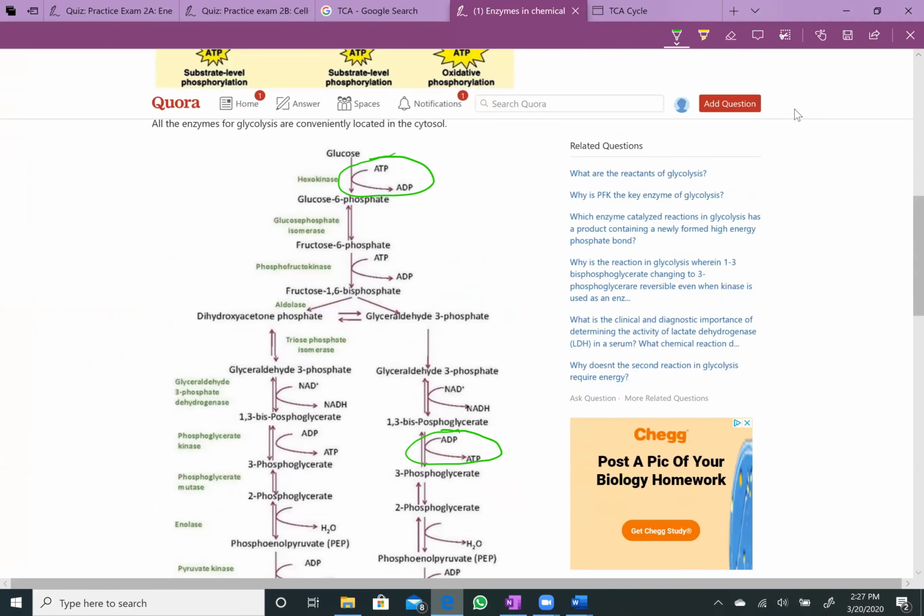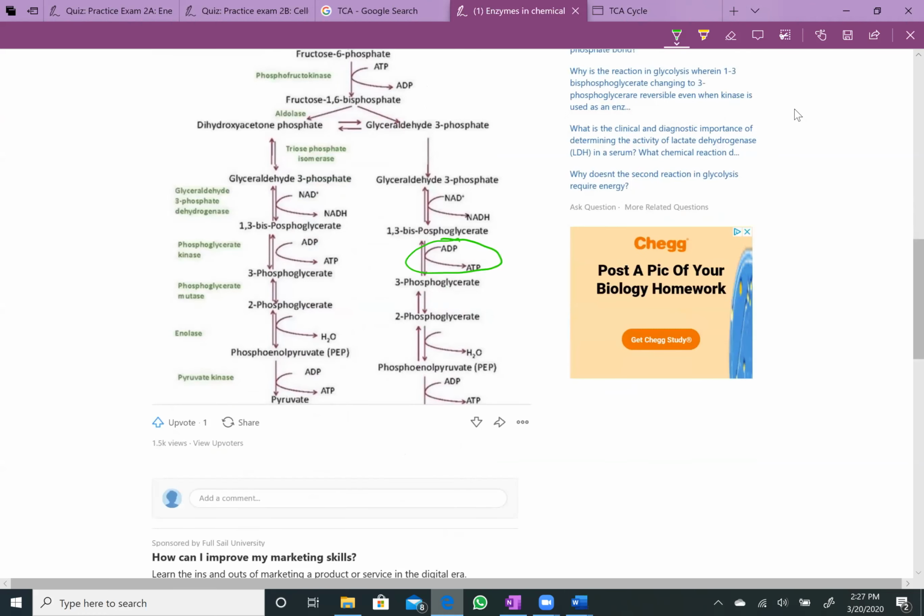Glucose to glucose 6-phosphate, we were making a bond. There's an extra phosphate that goes in here. So ATP was used, one, to put the phosphate on that bond, and two, it was energy put into the system. Over here, we have a big molecule going to a smaller molecule, so catabolism, and it results in ATP.